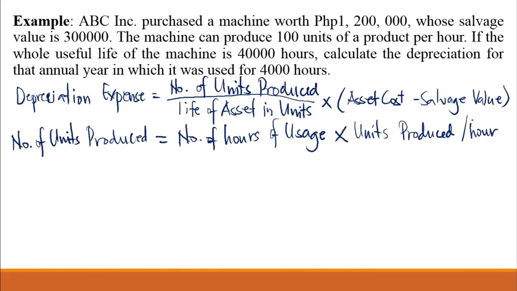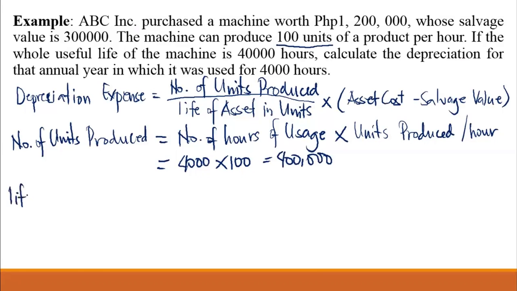So, ano yung number of units produced natin? Sinabi natin dito kanina, used for 4,000 hours. So, 4,000 hours times 100. Diba? Sabi natin, nakakapag-produce yung machine ng 100 units per hour. So, multiply lang natin yung 100 sa 4,000 hours. Kaya, this is equal to 400,000 number of units produced.